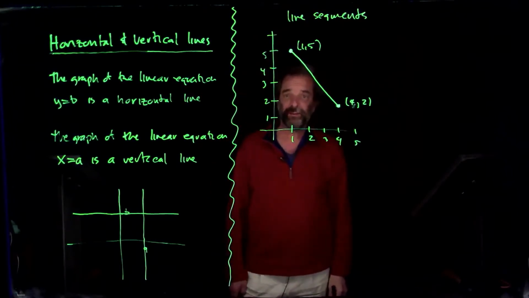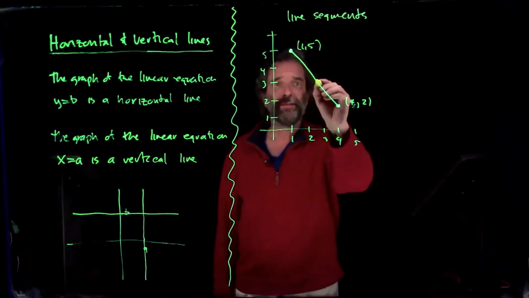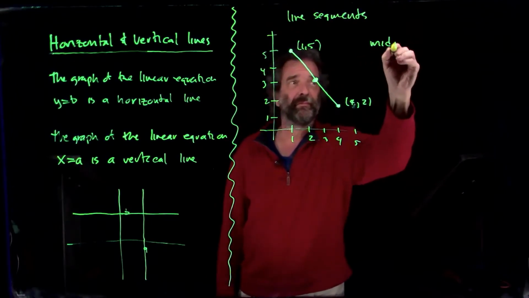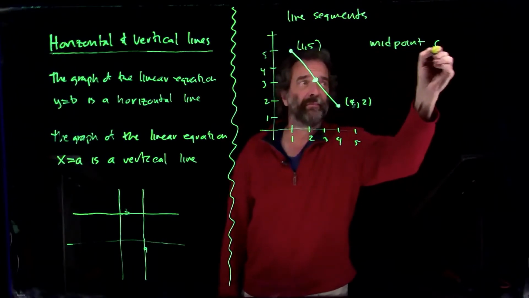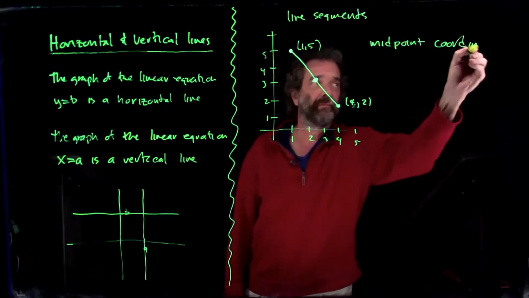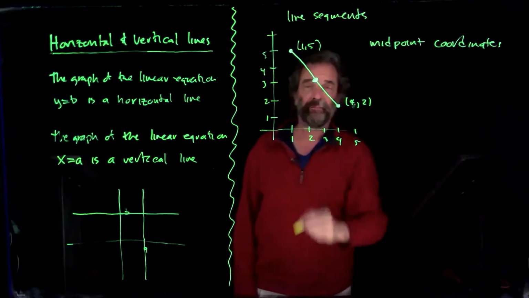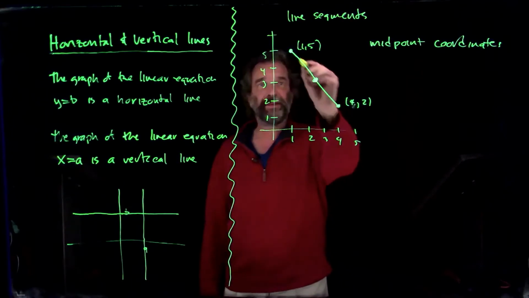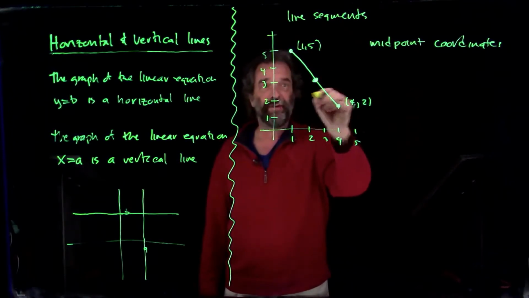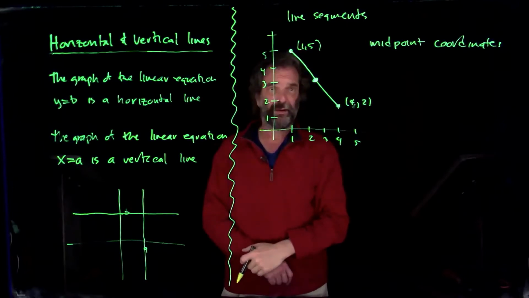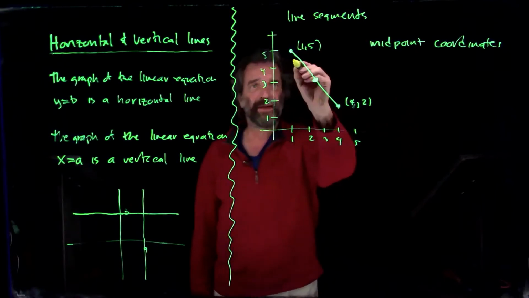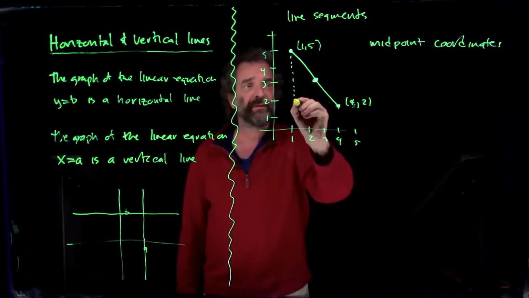Okay. And what we're interested in is the coordinates of the midpoint. Of course, that's a line. And this midpoint is the same distance from this point as from that point. So you could, I suppose, make similar triangles, maybe like this.